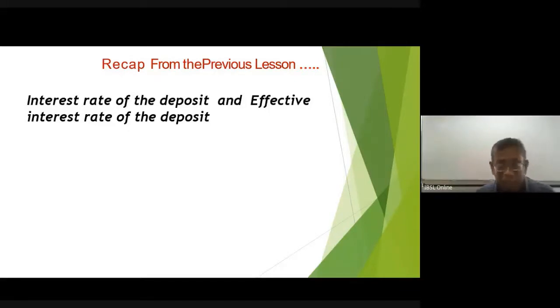Now say for an example, for a 1 year fixed deposit, the normal annual interest rate is equal to the effective interest rate. Say the annual interest rate is 10%. For a 1 year deposit, the effective interest rate is also 10%.